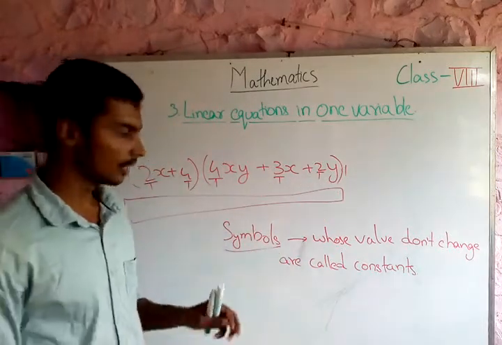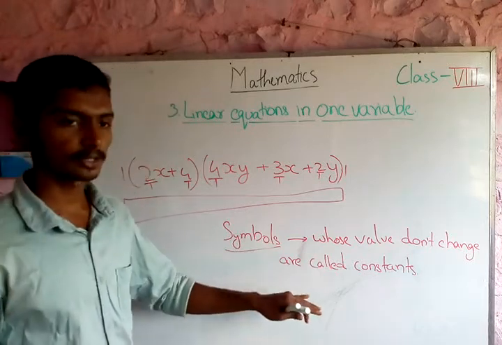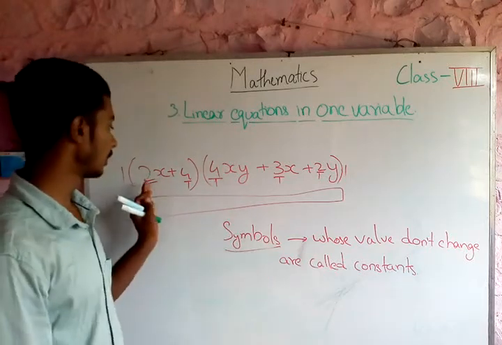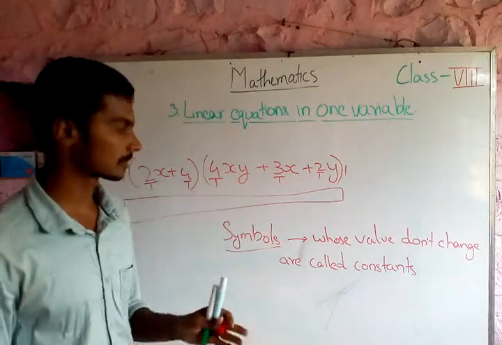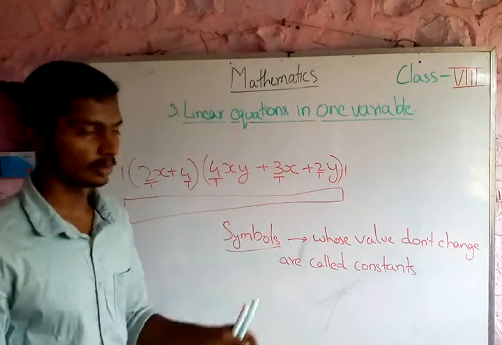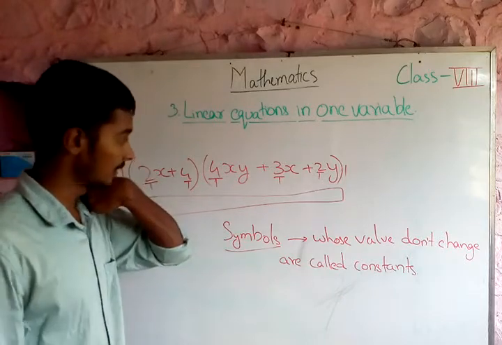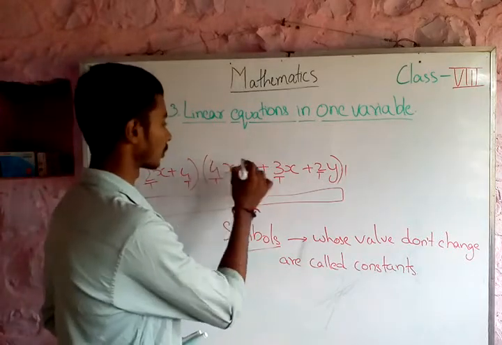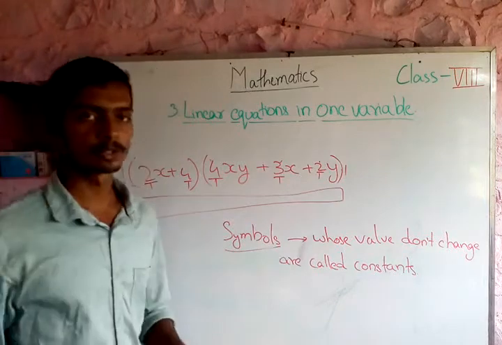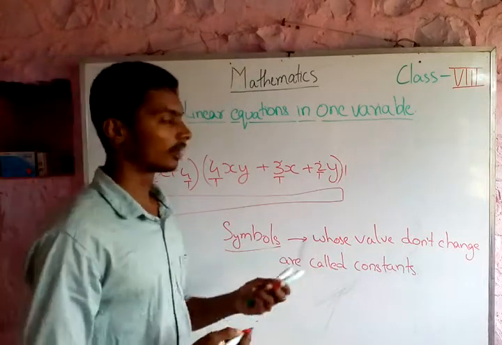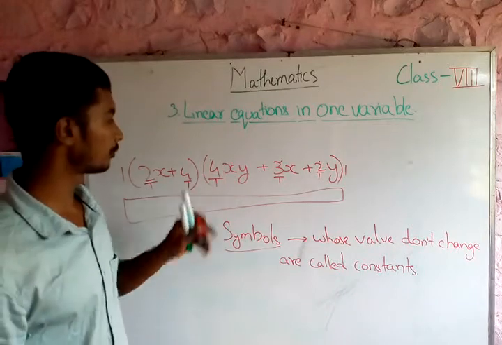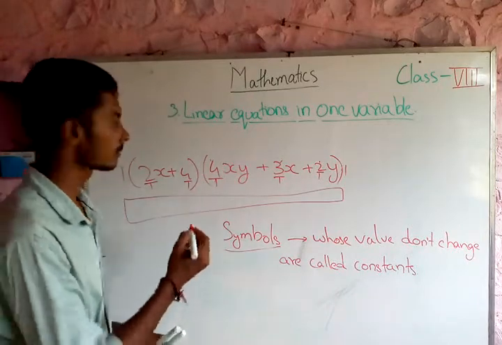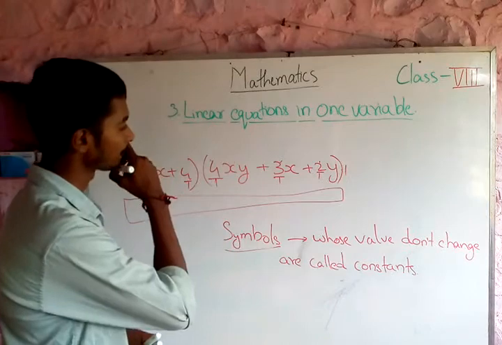You might say you are defining constants with respect to symbols, but here 2, 4 and 3 are numbers. Then how are they constants? Now see here, this 4, 3, 2 are also symbols. Why? Because if you take some other language, the same 4 is represented in a different way.